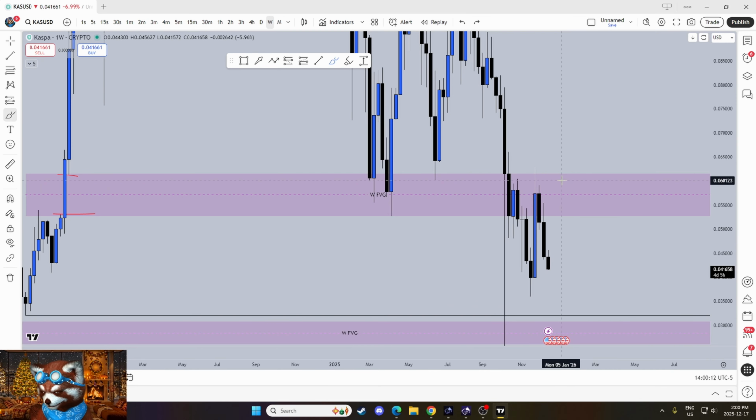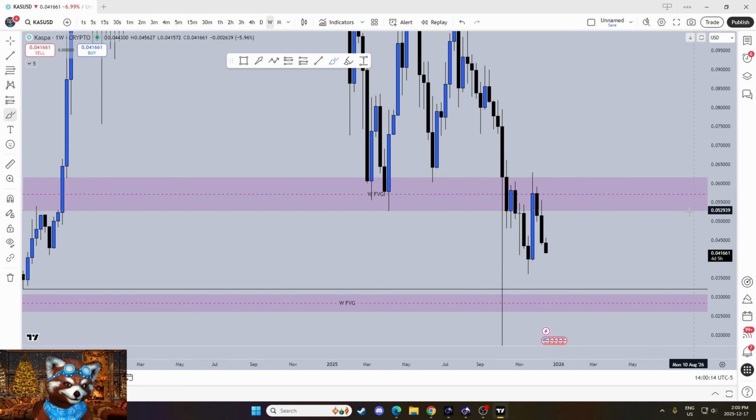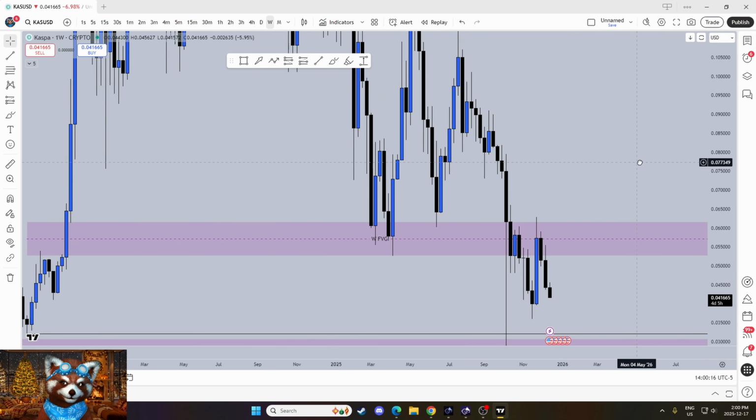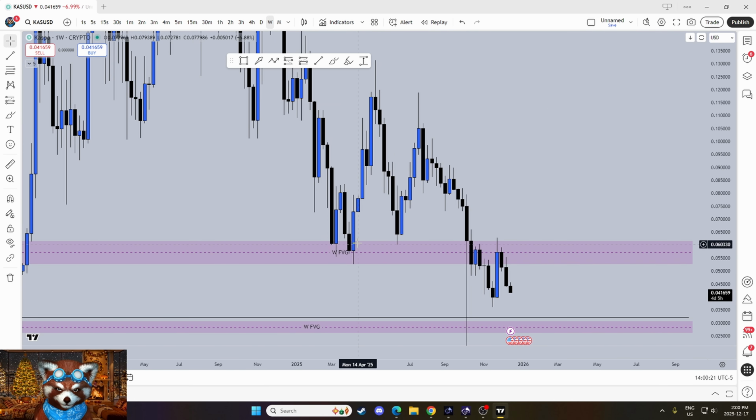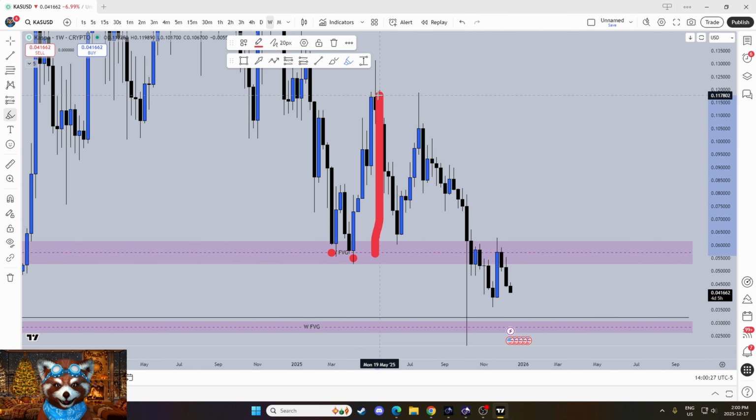So we can have a look at Kaspa and we can see that perfectly. We formed our imbalance. And then price started going towards it. And funny enough, no surprise to me, we tapped into this zone and we pushed back up. But because we are bearish and we are in a bearish trend, there is not enough momentum for us to go higher up, right?